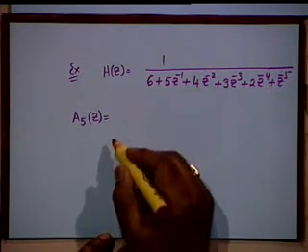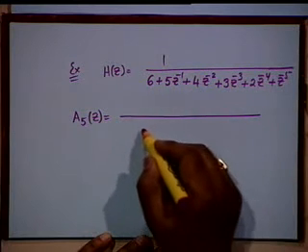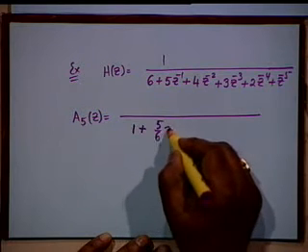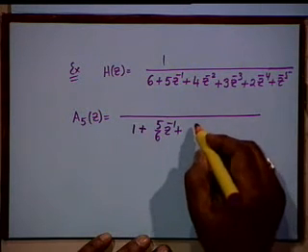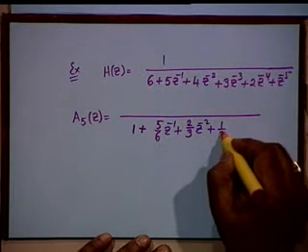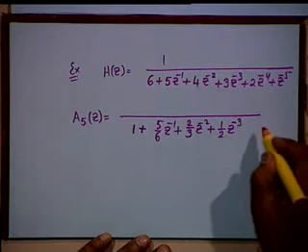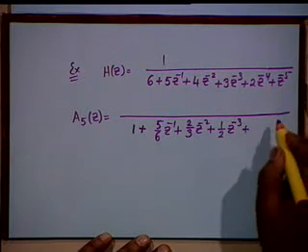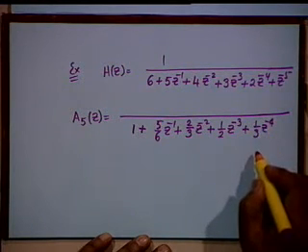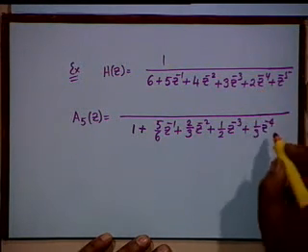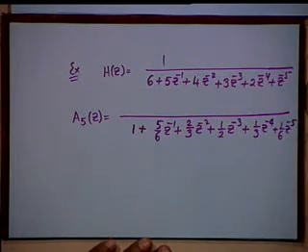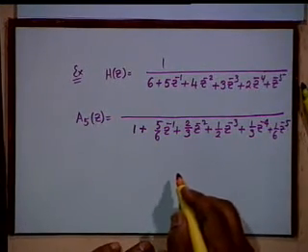So, your A_5(z) denominator would be 1 plus 5 by 6 z inverse plus 4 by 6 is 2/3 z to the minus 2 plus 3 by 6 is half z to the minus 3 plus 2 by 6 is 1/3 z to the minus 4, is that right? plus 1/6 z to the minus 5. This is our denominator. Okay?